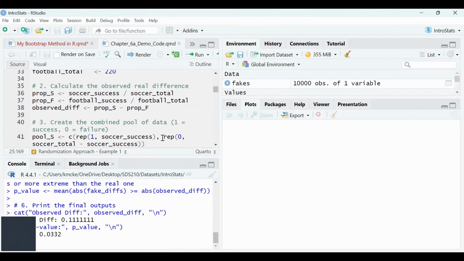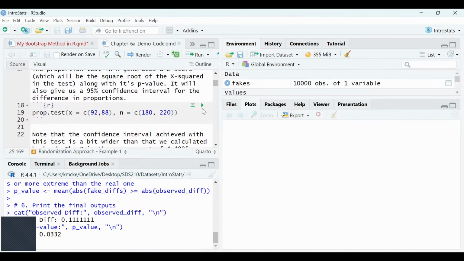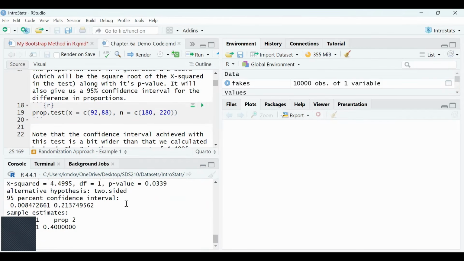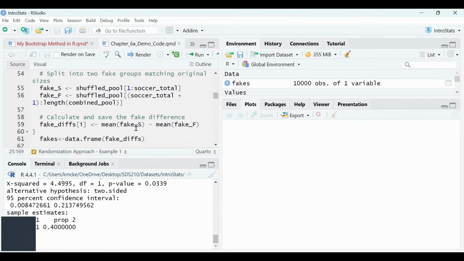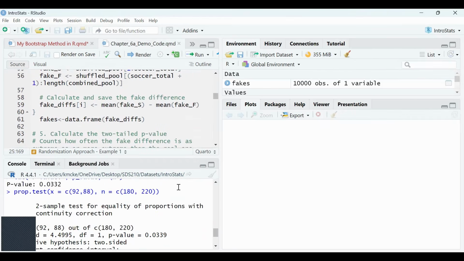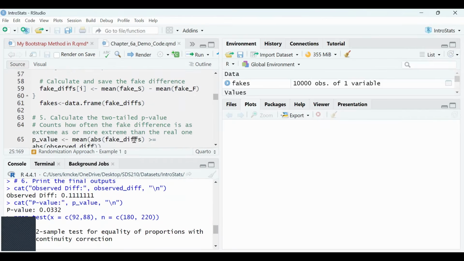Which is pretty close to what it was when we did the prop test up here. Notice this one is 0.0339. So with randomization, the p-value is really, really close. From 0.0339, it goes down just to 0.0332. So very, very close.